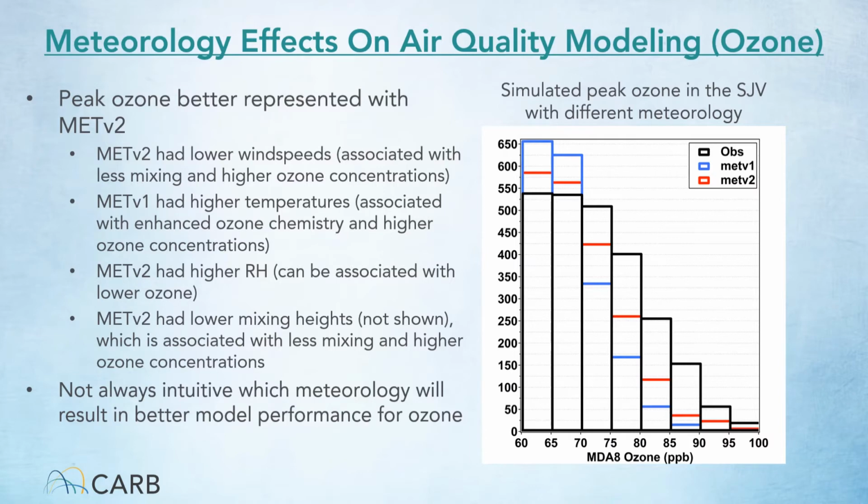The second model run had a higher relative humidity that can be associated with lower ozone. Also, the second model run had lower mixing heights, which we have not shown here, which is associated with less mixing and higher ozone concentration. This is not always intuitive, which meteorology will result in better model performance for ozone.